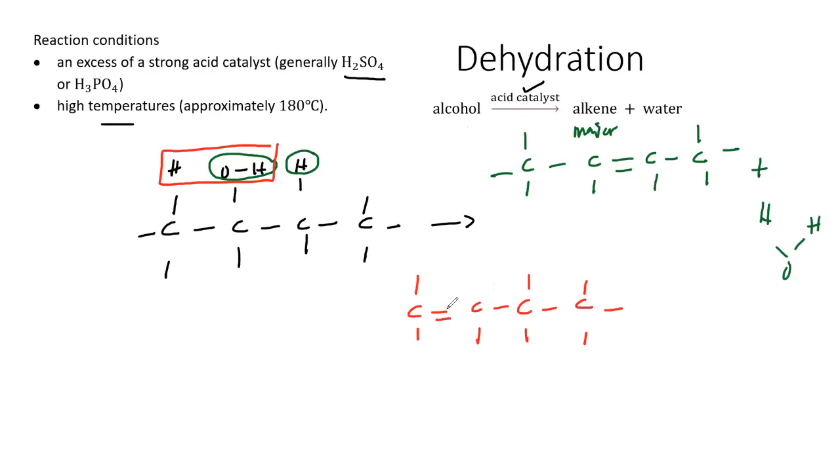The OH has been removed. This forms an alkene from an alcohol, dehydration, and these are the reaction conditions. Major, minor. In the exam, they ask you mostly for the major product.